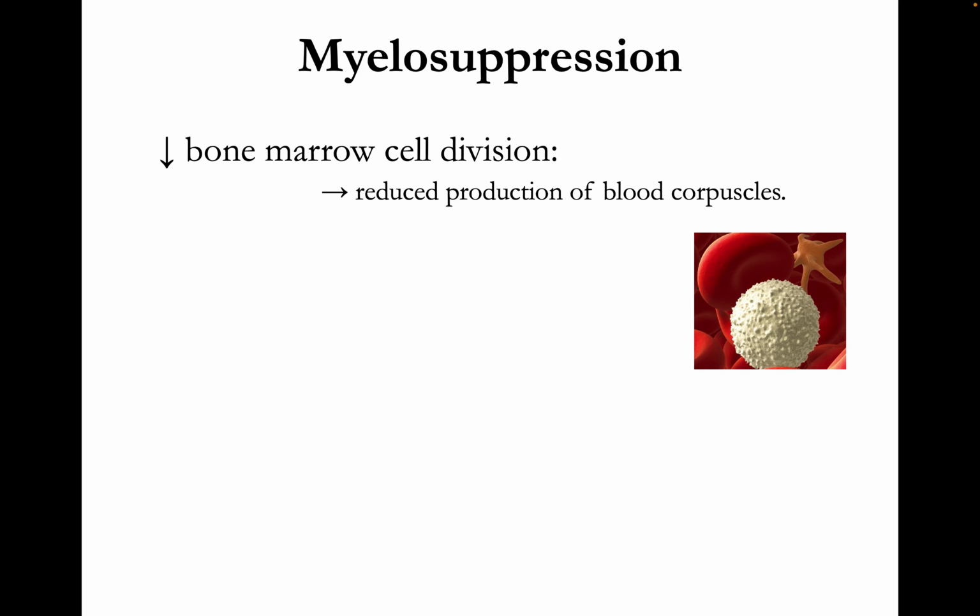Patients feel fatigue, extreme tiredness, pale skin, fast heart rate, or breathing as a result of this. Epoetin alpha or darbepoetin or even blood transfusion may be recommended in these patients.